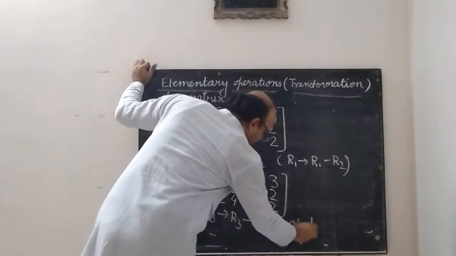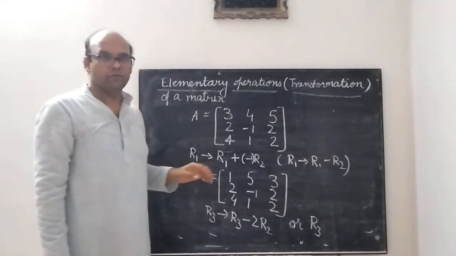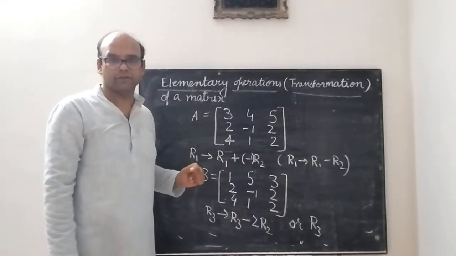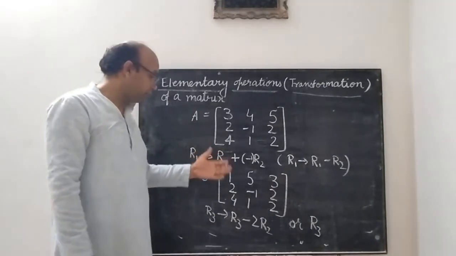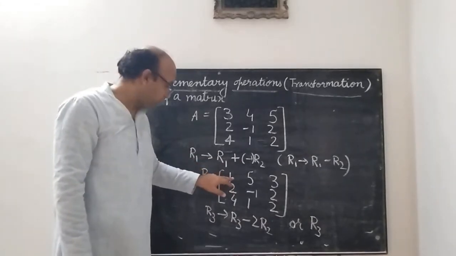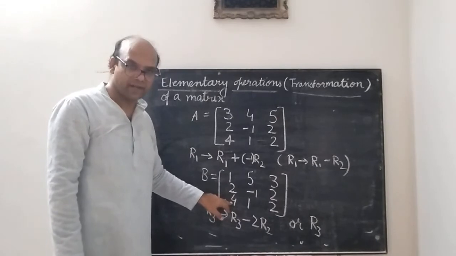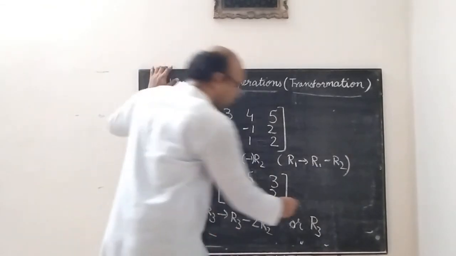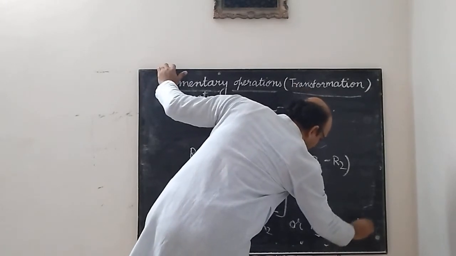What is the other option? What will be the other option available to us? Okay, I hope all of you are able to understand. Yes, you are right. What we will do is we multiply this by 4 and we subtract from this one. So the other option could have been 2 R3 minus 4 times of R2.